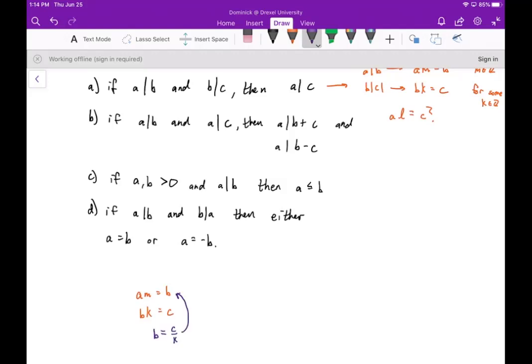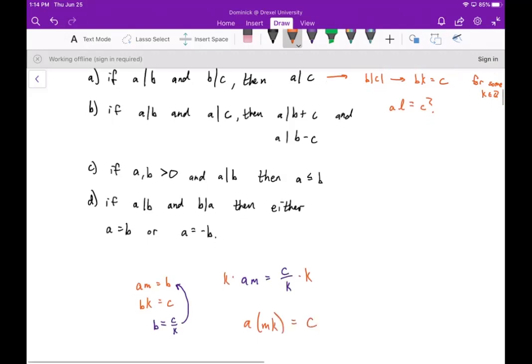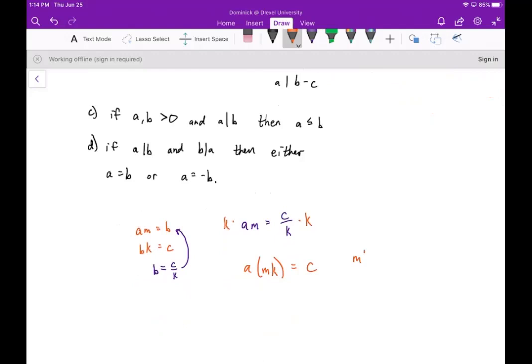I'm going to have a times m is equal to c over k, and I'll multiply both sides by k. And we get a times mk is equal to c, but mk is an integer, since if you multiply two integers, you get another integer. So that tells us that a divides c.